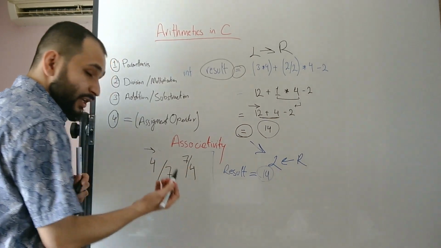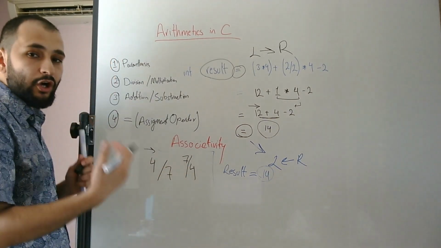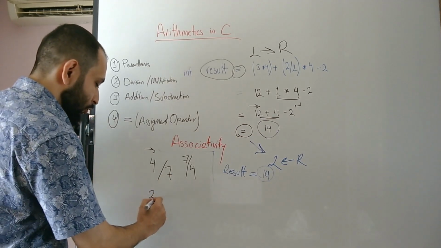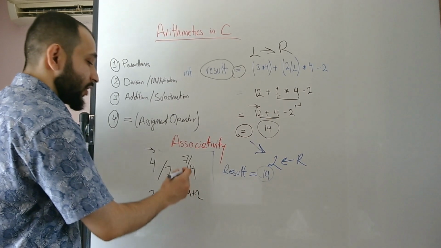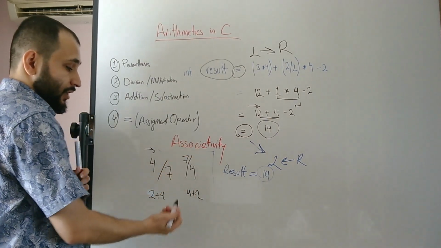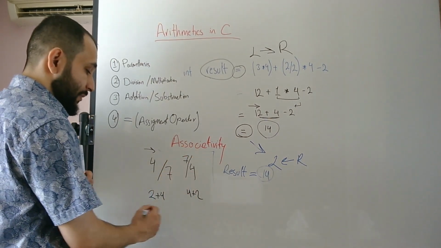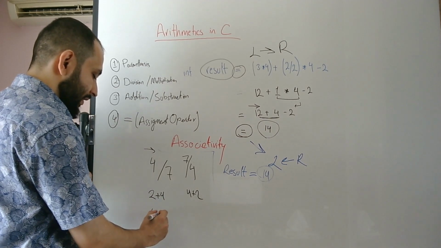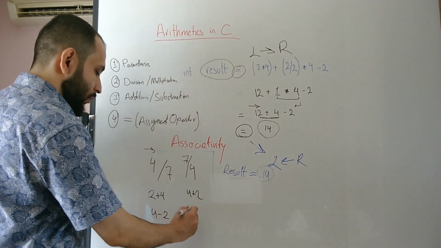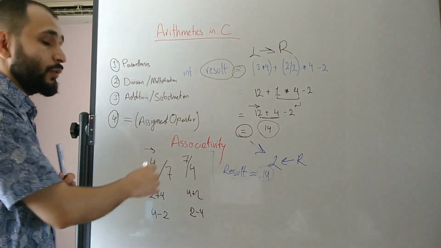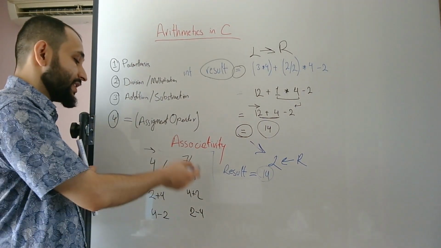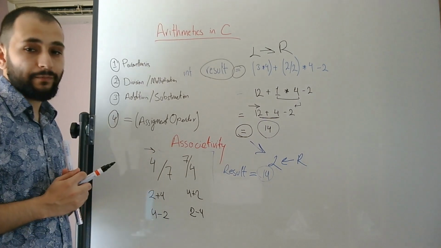For example, for addition, associativity might not make a difference in the result. 2 plus 4 might result in the same as 4 plus 2. But that's not the case for division, and that's not the case for subtraction as well. So 4 minus 2 or 2 minus 4 will be different results, and associativity once again makes a difference for these arithmetic operators as well.